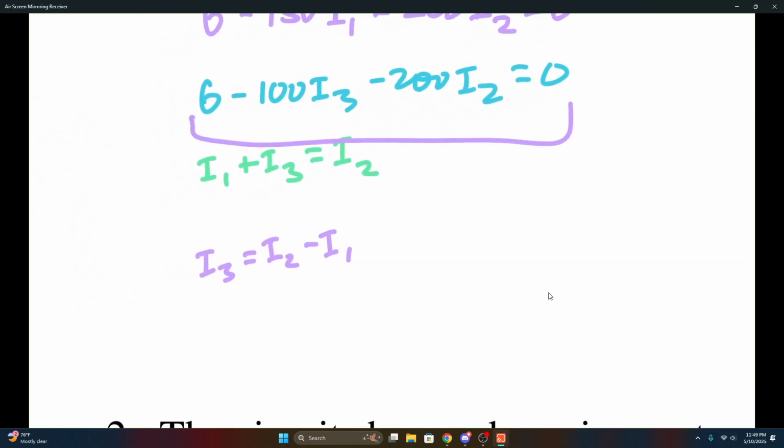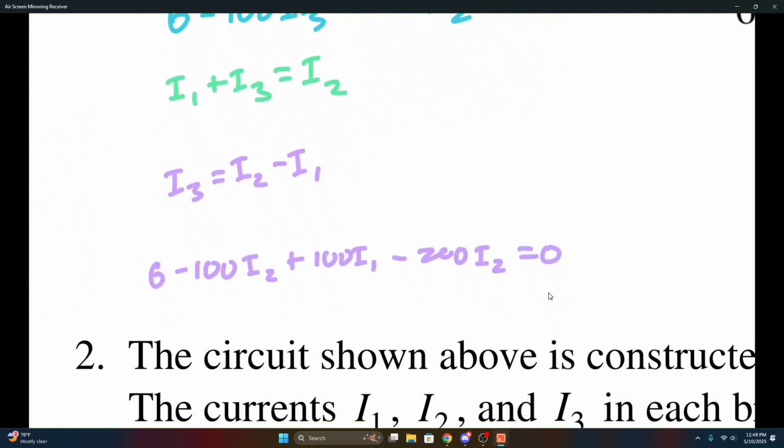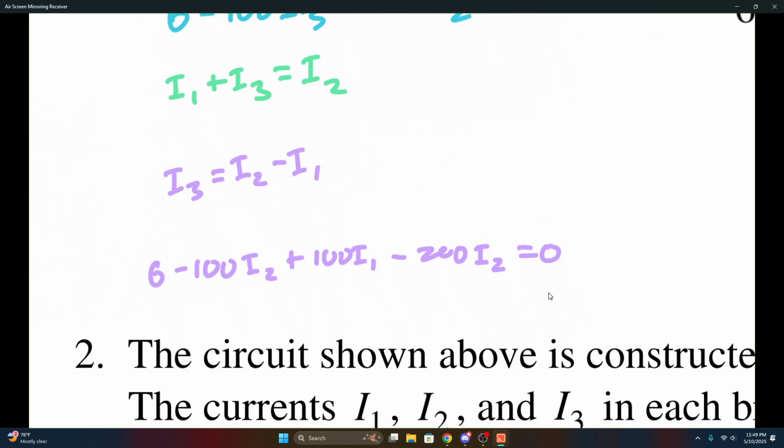So let's plug it in here. We get 6 minus 100 I2 plus 100 I1, by the distributive property, minus 200 I2 equals 0. So what do we get?